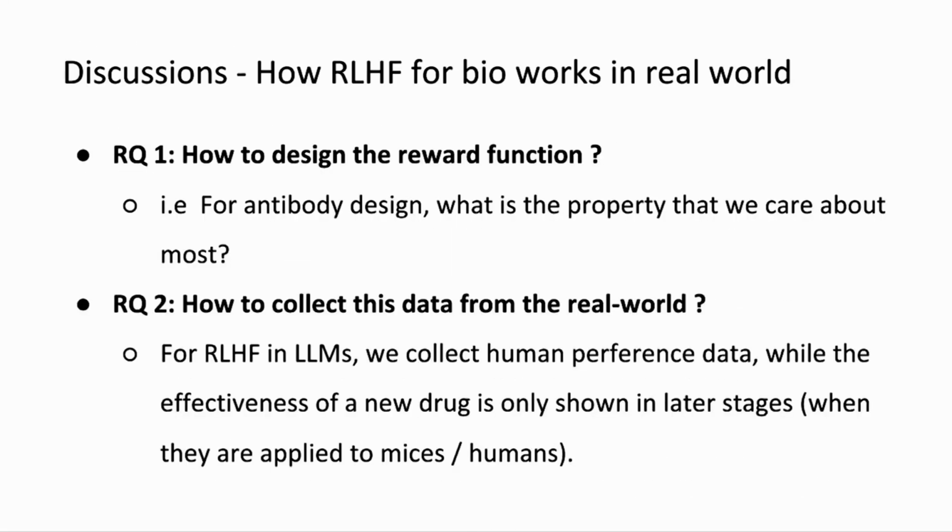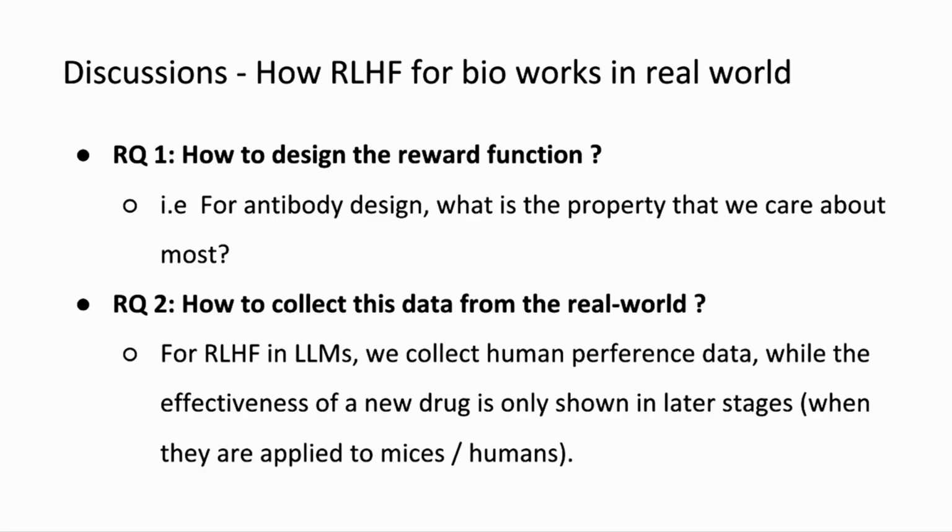Because we don't have another chance to report our progress in this lecture anymore, we also discuss the future plan about how reinforcement learning with human feedback will work for biology problems in the real world. We have some research questions, like how to design the reward function. For example, for antibody design, what is the property that we care about the most?